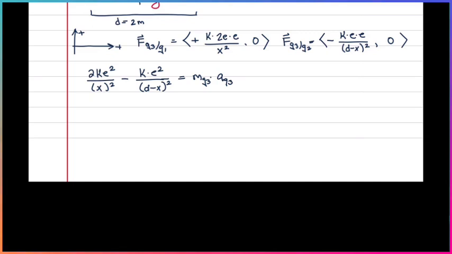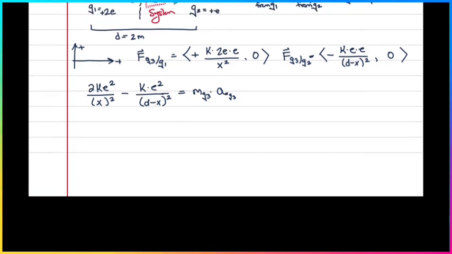Technically, since I should write these out explicitly, the x component of q3. But again, this is a 1D problem, so I didn't really need all this vector fanciness.